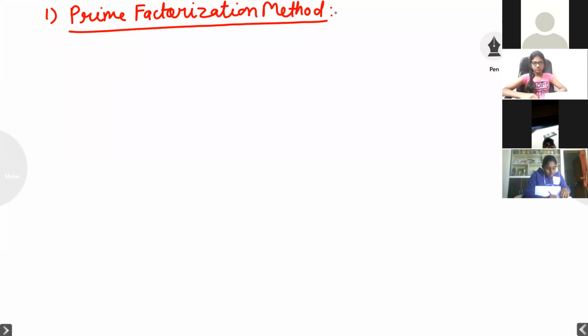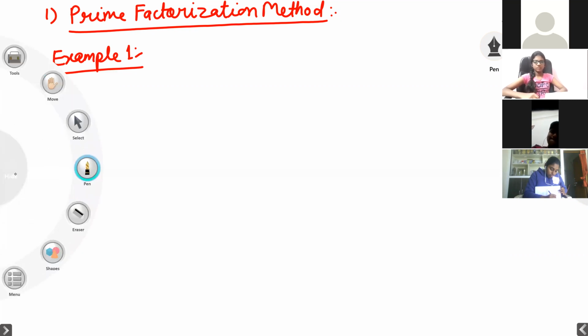Example 1. With the help of examples, you will understand very clearly. Don't worry. Prime factorization means I want to divide that number by the least prime number.